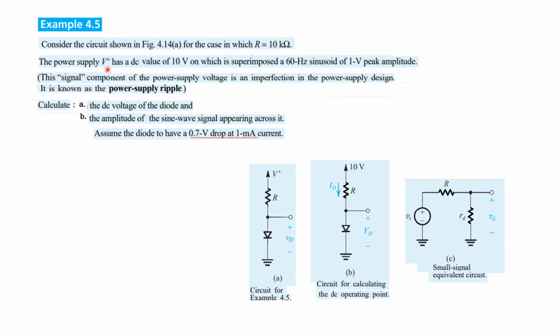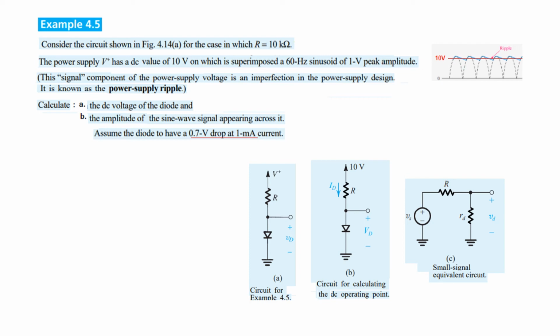The power supply voltage V has a DC of 10 volt on which is superimposed a 60 Hz sinusoidal of 1 volt peak. So as we discussed earlier, this DC volt is actually taken from a rectifier circuit. So we have a ripple which is 1 volt peak and it has 60 Hz of frequency.